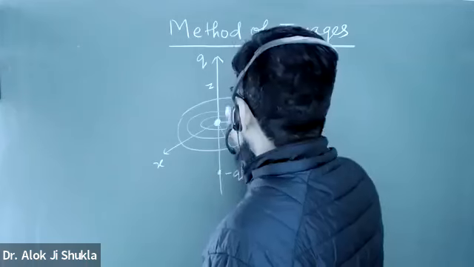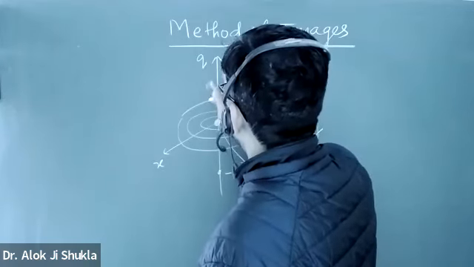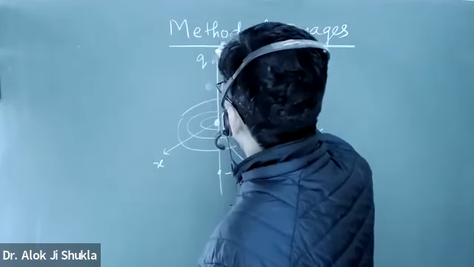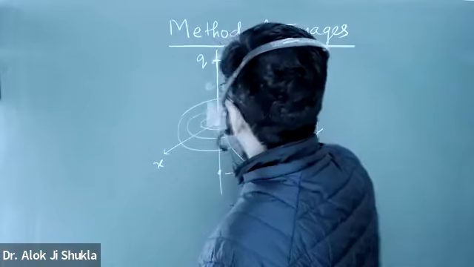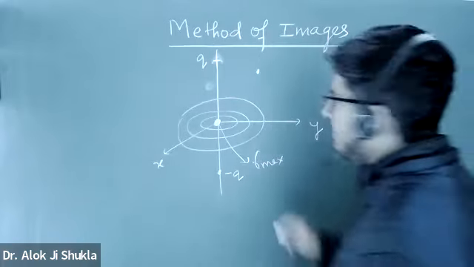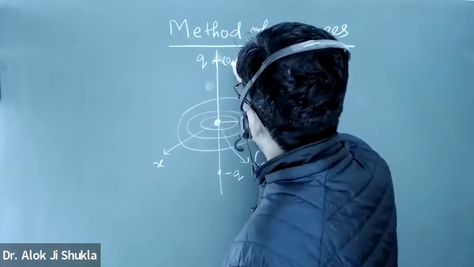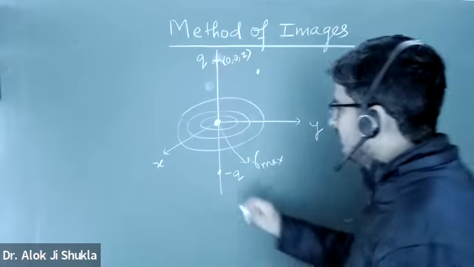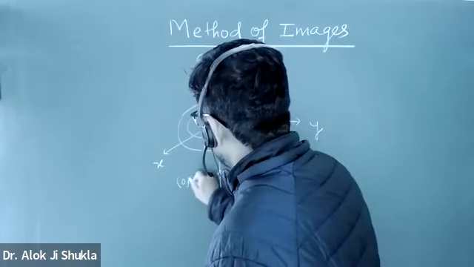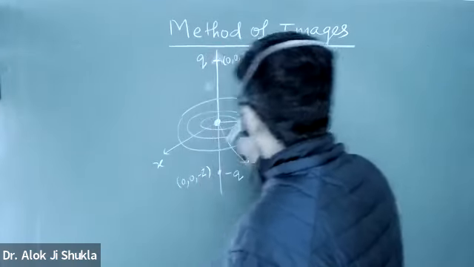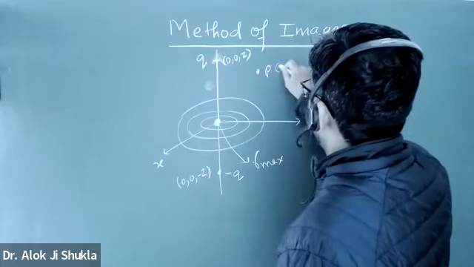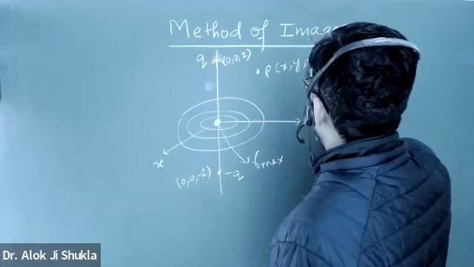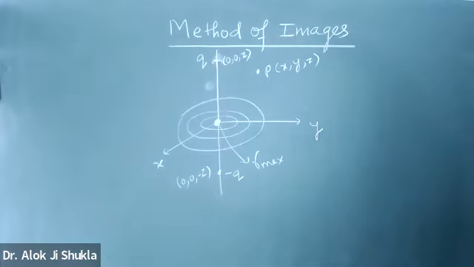So what are the coordinates of q? Sir, 0 0 z. Very good. And the coordinates of minus q? Sir, 0 0 minus z. And the coordinates of the point where you want to calculate the potential? x y z. Correct? Yes sir.